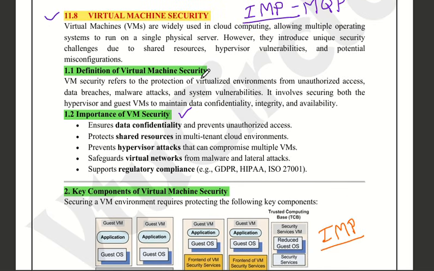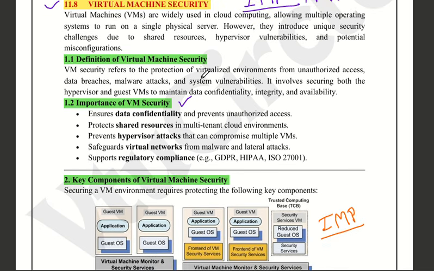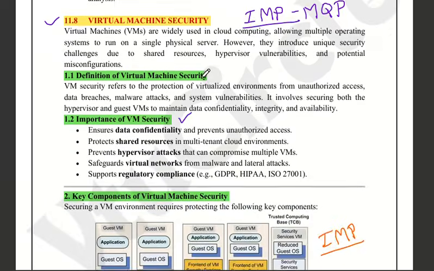Because of data confidentiality, we need to maintain data confidentiality, so for that reason we need security. That is one of the important points. Then shared resources: while using resources, we definitely share them, and while sharing, sometimes we need to maintain privacy.